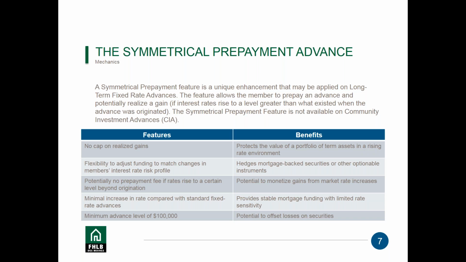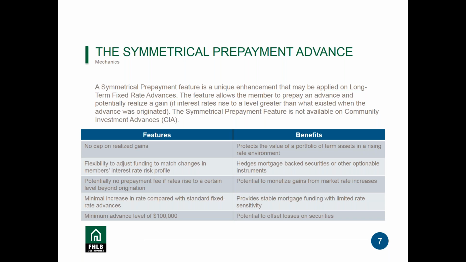You can customize an advance with a symmetrical feature, not just in the form of a fixed rate bullet advance, but you could do it as an amortizer or even as a forward settlement advance. And you remember the webinar that we did a few weeks ago for the forward settle. You can monetize a gain, as I mentioned, if rates are above a certain interest rate level.